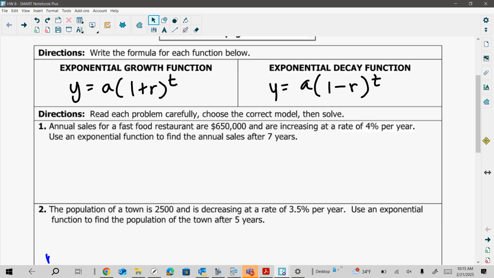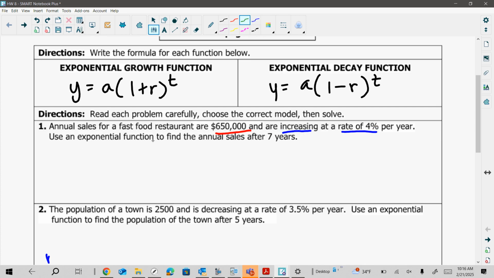All right, I'm just going to go over a couple, and then you'll have time to work on this or to finish the homework or the decimals if you still haven't done that. So we have annual sales of a fast food restaurant. This is our initial amount of the 650,000. It says we're increasing, which is the key, at a rate of 4% per year.